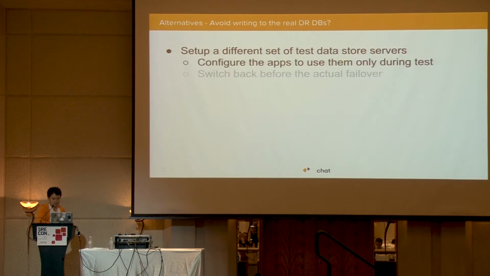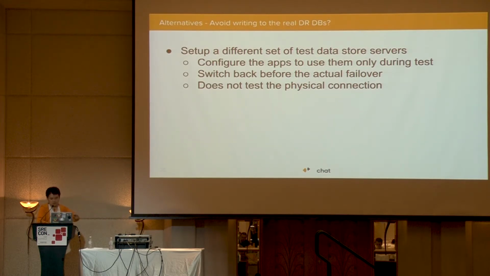So this is the first configuration that we explored, and we set up a parallel set of test data stores, servers for each one-to-one, and configure the apps to talk to this set of test data stores instead of the real ones. Like we have another test Redis, another test MySQL database server, and so on.